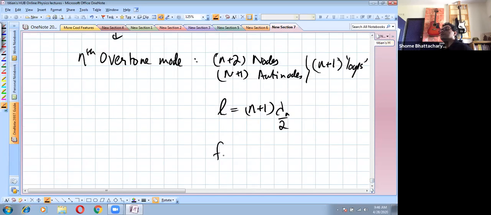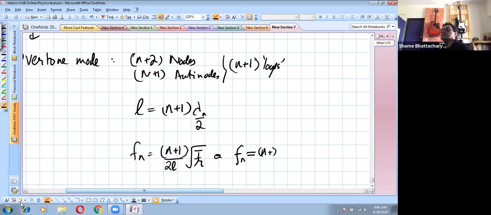So the frequency of the nth overtone becomes n plus 1 by 2L square root of T by mu, or the n plus 1th harmonic of the fundamental.